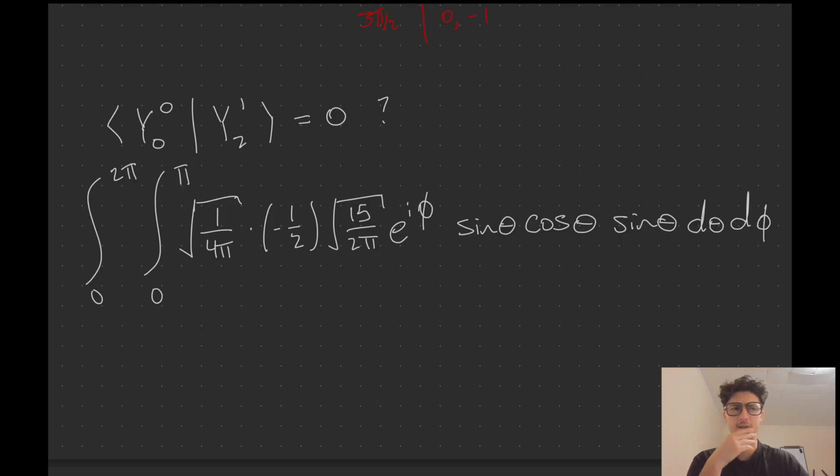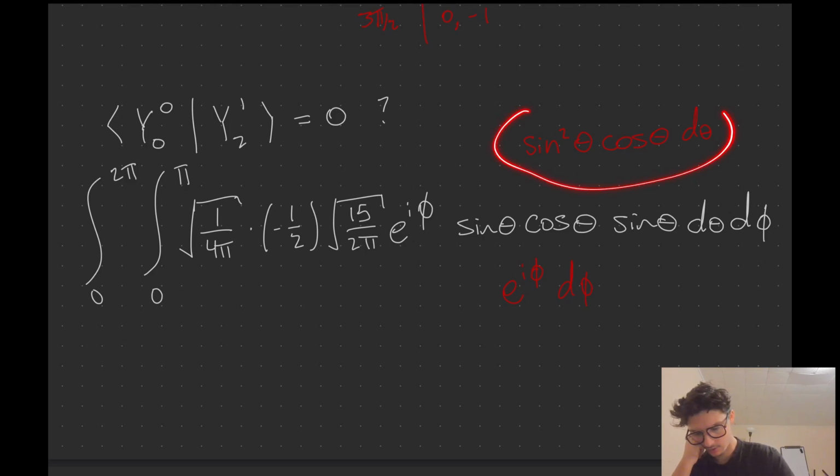The challenging thing here is integration is going to be hard because we have a sine squared theta and cosine theta d theta, right? And then we also have an e to the i phi d phi.